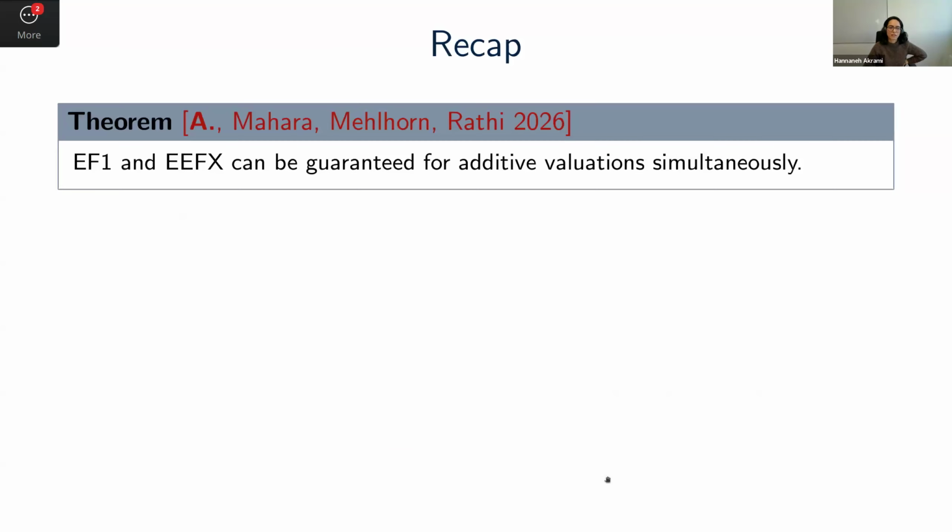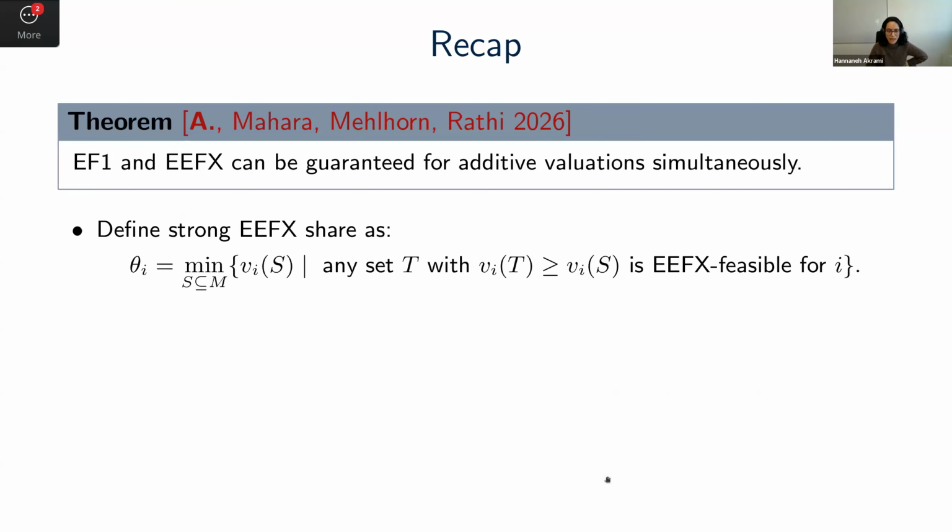So let me repeat myself. Our main result is that EF1 and EEFX can be guaranteed simultaneously for additive valuations. And the way we do it is that we define a share-based notion, and the property of this share-based notion is that it implies EEFX.